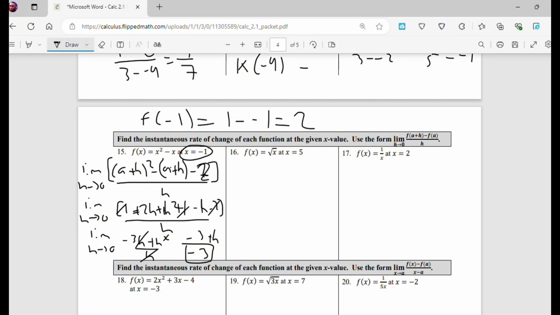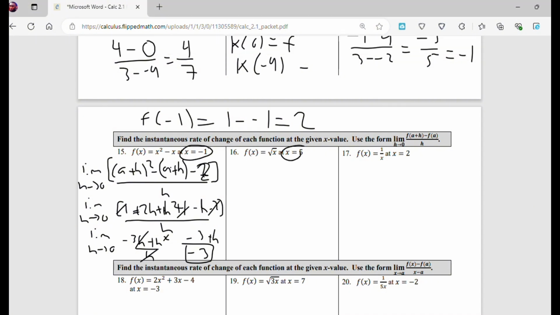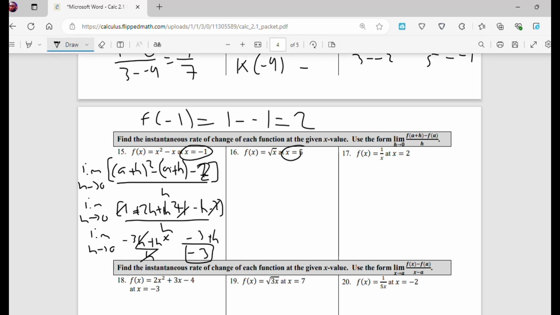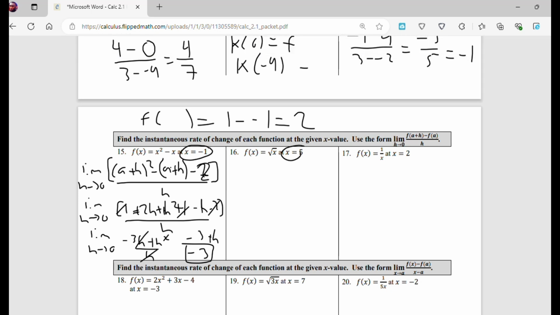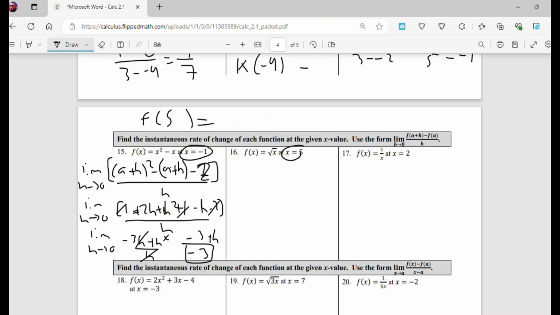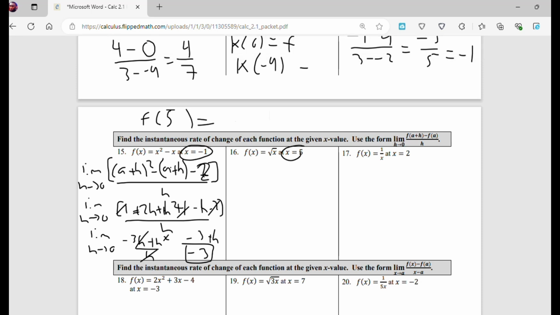Next question. F of x equals square root of x. We have our point x equals 5. That is our a value. To find our f of a, we're going to do f of 5. That is our f of a.